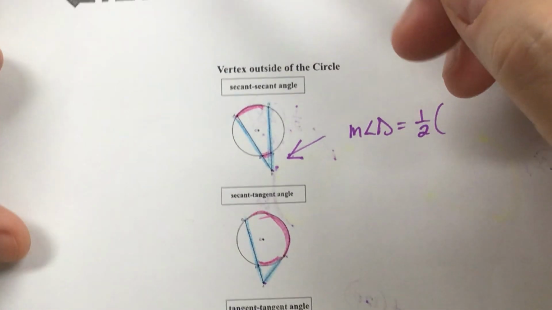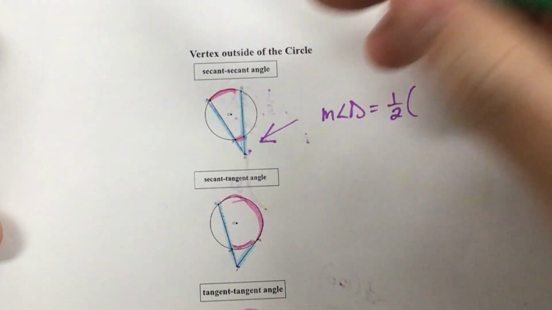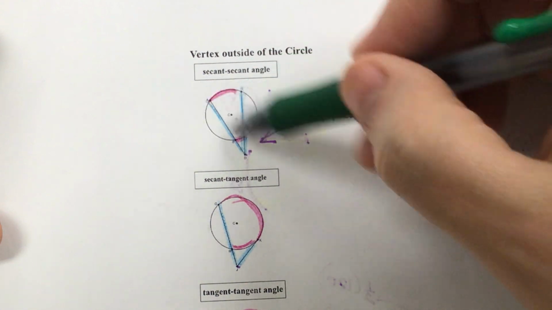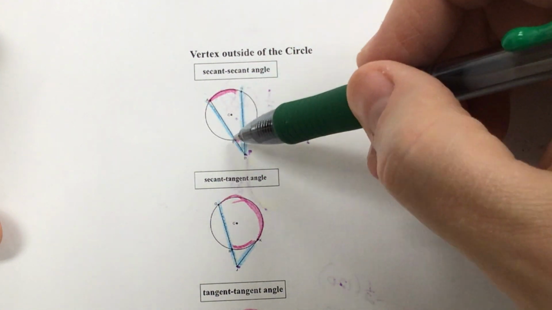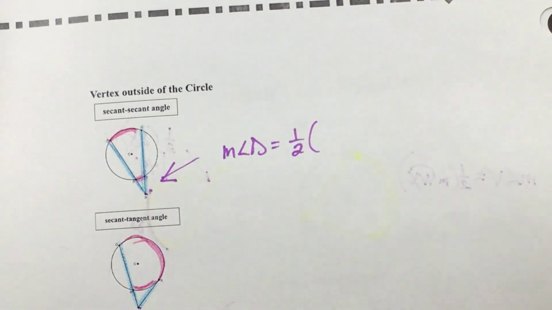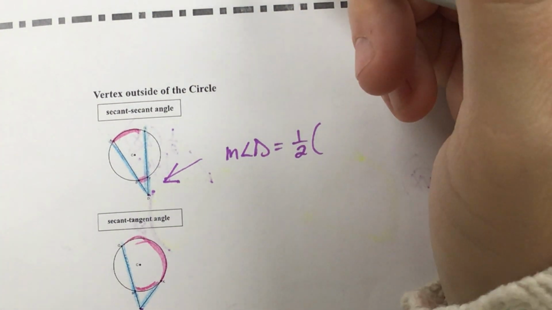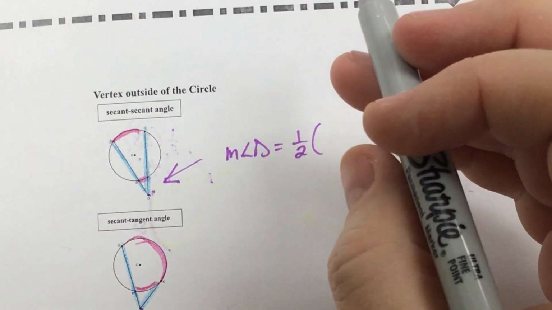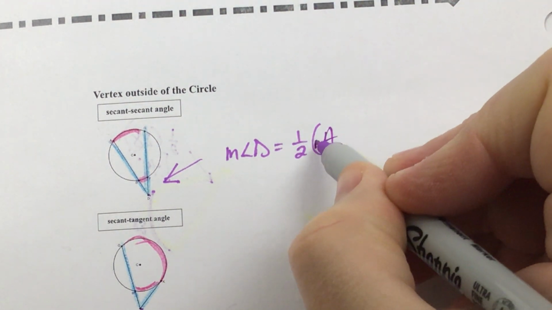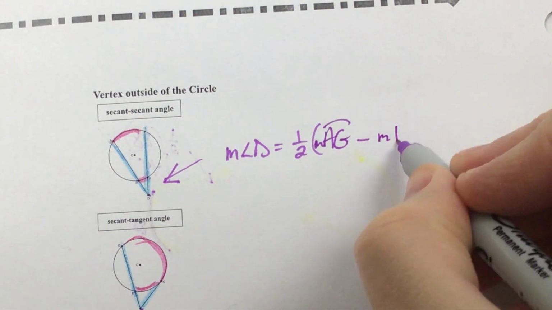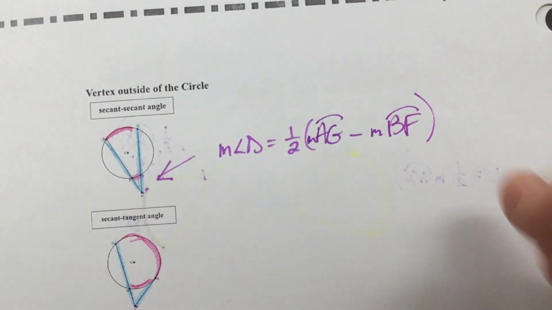Okay, so if I think about this first picture, a secant, the vertex is outside the circle. If you think of it as Pac-Man math, it's chomping, it eats this arc and that arc, so it's half the difference of the two. So you're going to take the bigger one, which looks like arc AG, and subtract off the smaller piece, arc BF, half the difference.